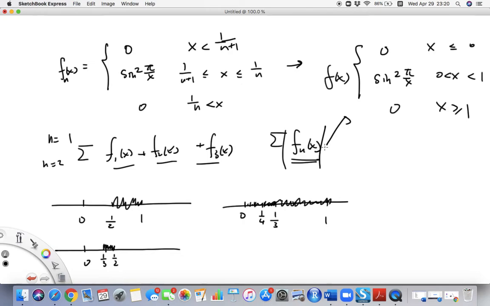As you can see, your function is not continuous at 0. Because when x is close to 0, this is in the denominator, so this thing changes really, really fast. So it's not continuous at 0.